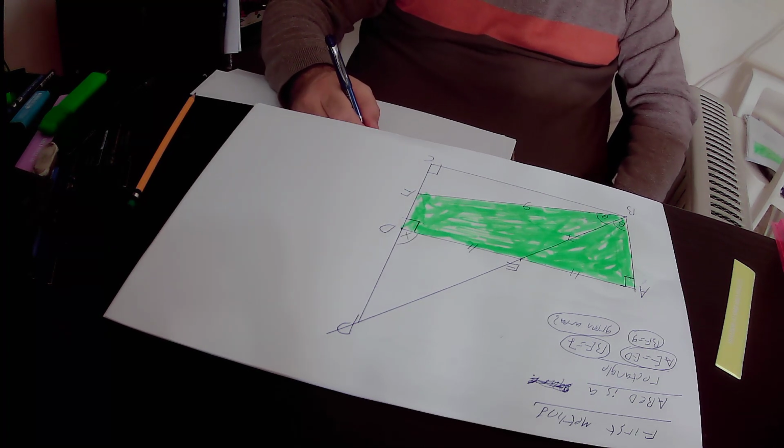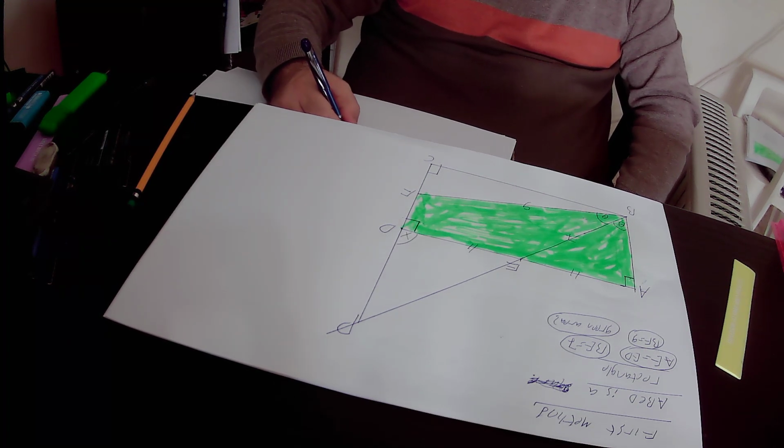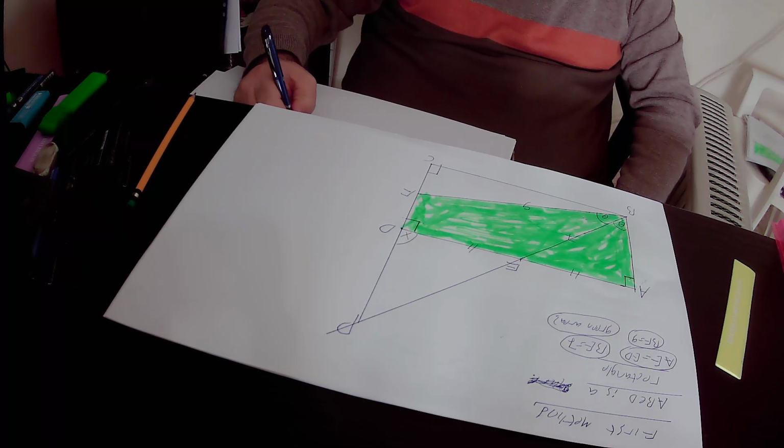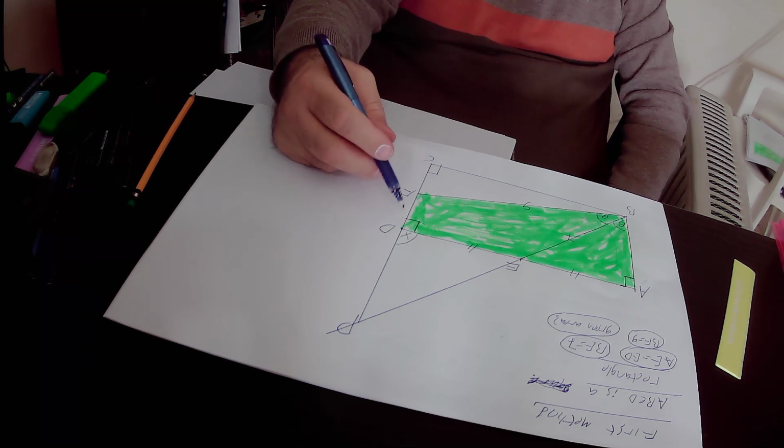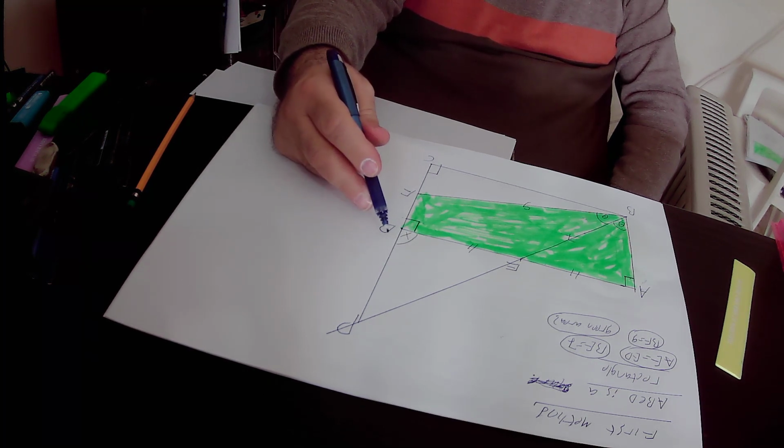So you can write down that CP is a straight line.